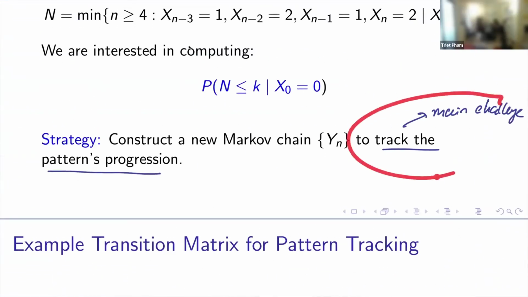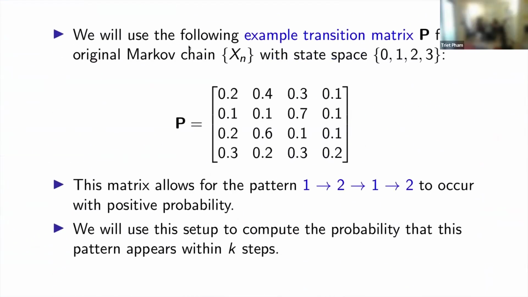So that's what I want to address, right? So if you remember from last time, we didn't have an example from last time. So this time we'll just pick a concrete example so it's easier for us to follow. This is the matrix P for X, okay?